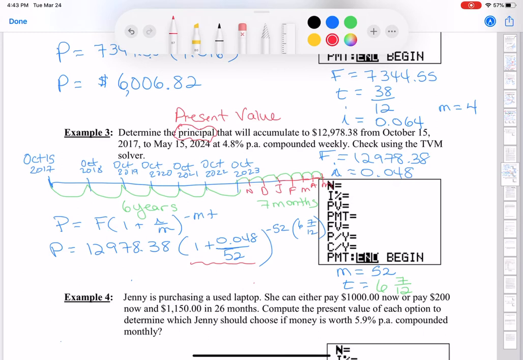So I will simplify down the exponent, but I'm going to leave this as is, and we're going to just punch it in so we keep as much accuracy as possible. So let's simplify down that fractional exponent.